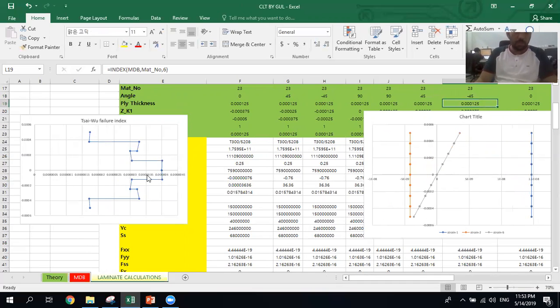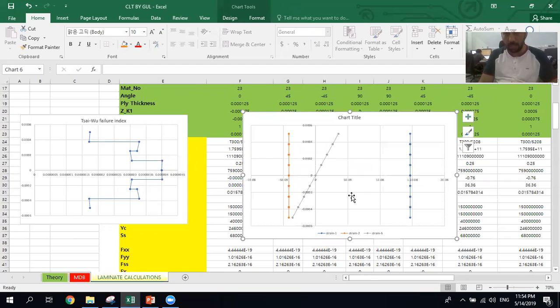So here we see we get a symmetric failure index, and we also see that the formation and the orientation of the strain have also changed.